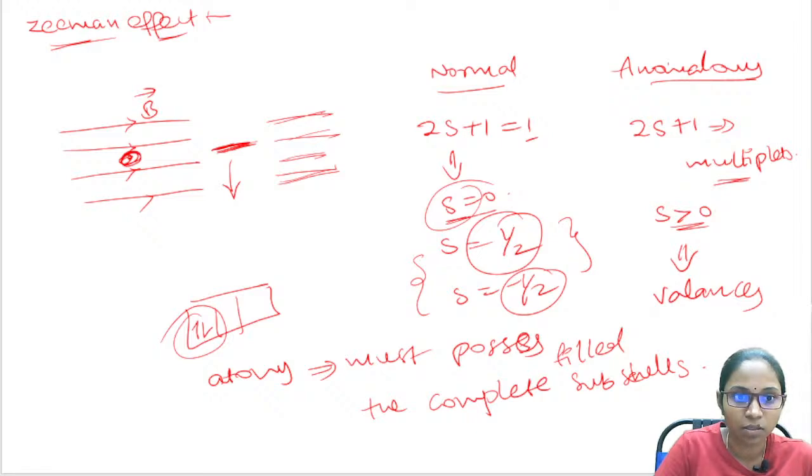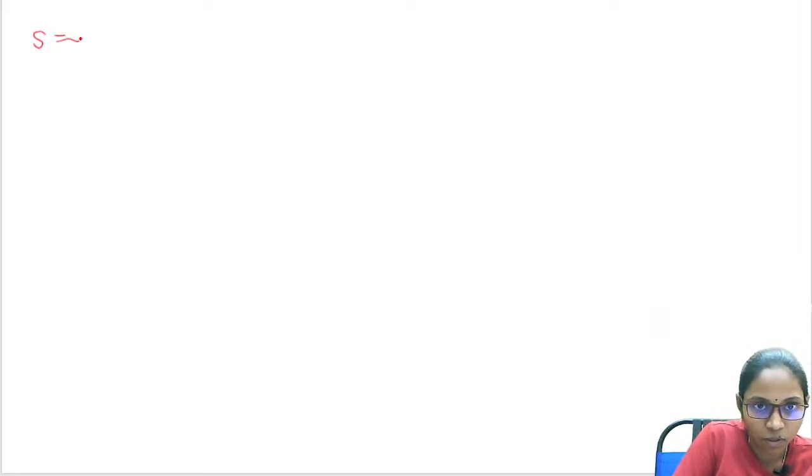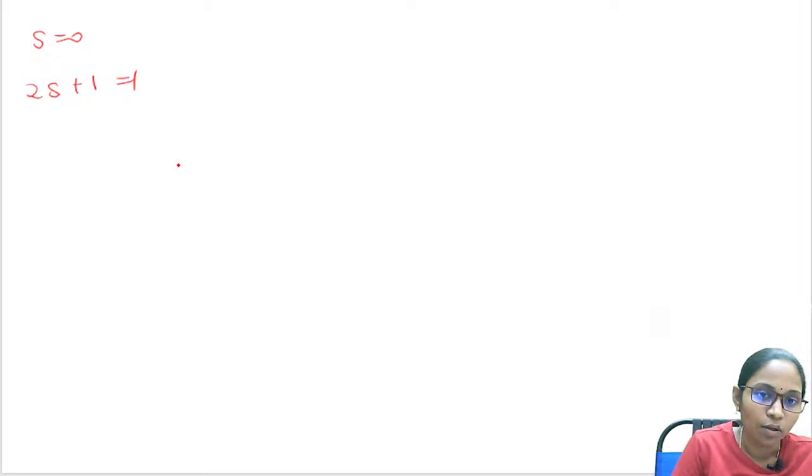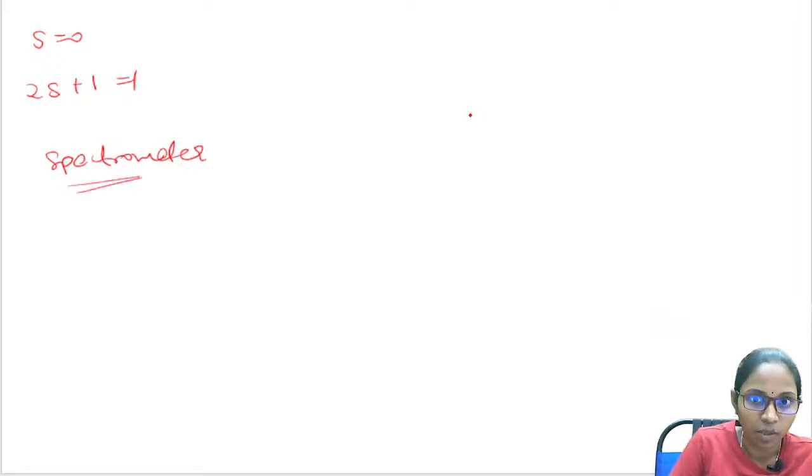For S equal to 0 and multiplicity 2S plus 1 equal to 1, whenever you observe using a highly resolved spectrometer, what happens? You will observe a line which is parallel to the field.